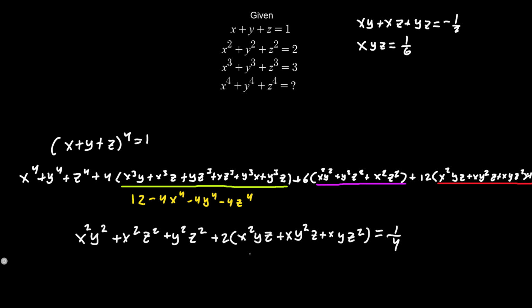So 1/6 times x plus y plus z, which will just simply be 1. So this will just become 2 times 1/6, which in turn will just be 1/3. And we have to subtract 1/3 from both sides. So this will be equal to 1/4 minus 1/3.